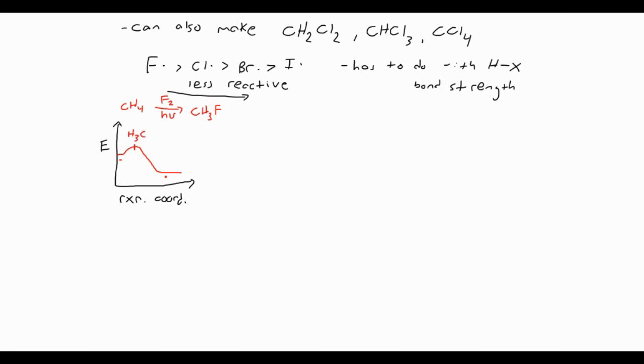So we have our CH3 group, and then the partially broken bond to hydrogen. I'm going to draw that dotted to show that it's not a full bond. And then the partially forming bond to fluorine. Maybe this is during the propagation step, where the fluorine radical is taking off the hydrogen from the methane.